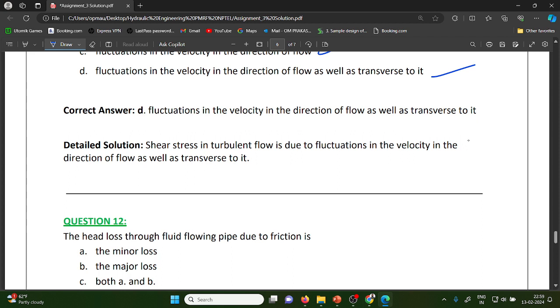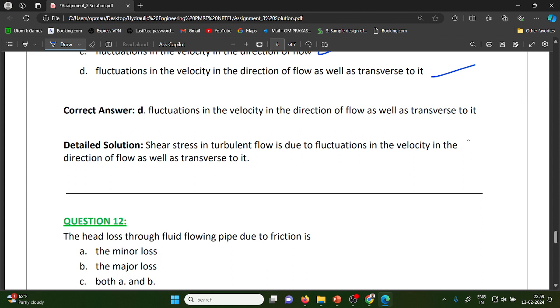That previous question was from the fluid mechanics course of NPTEL, and this question is a previous year hydraulic engineering question. So maybe you can expect this type of question in your coming assignment or in the final exam of NPTEL fluid mechanics.